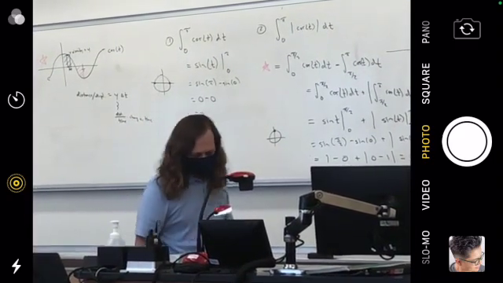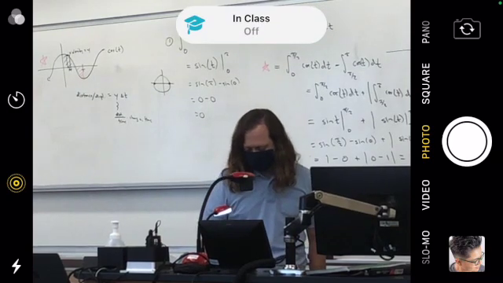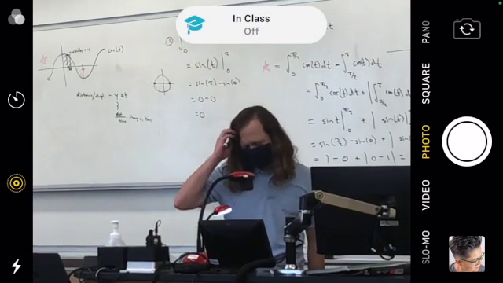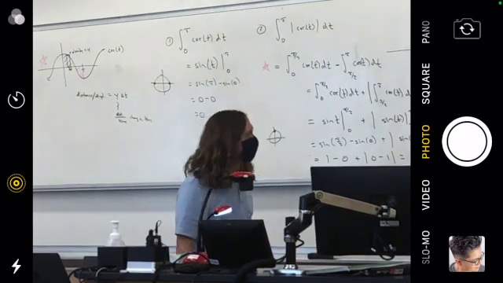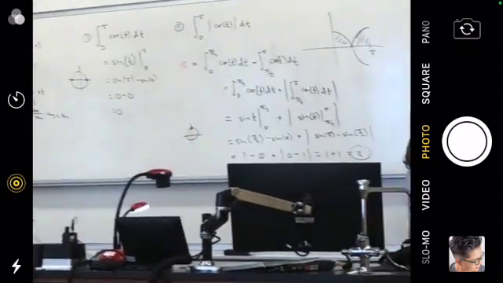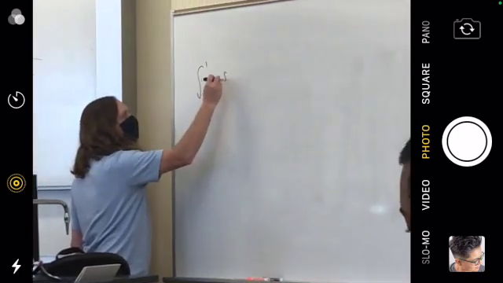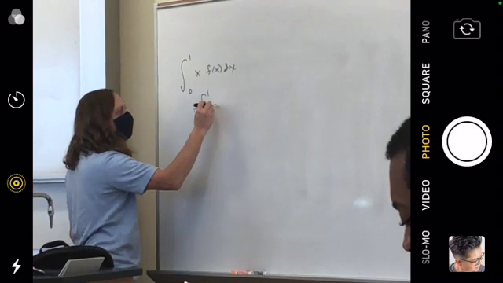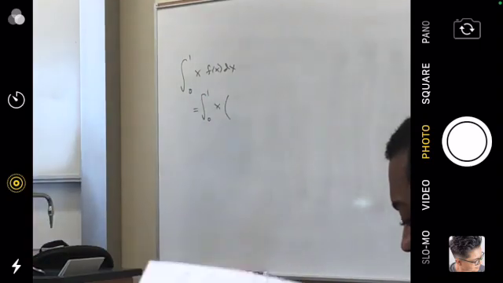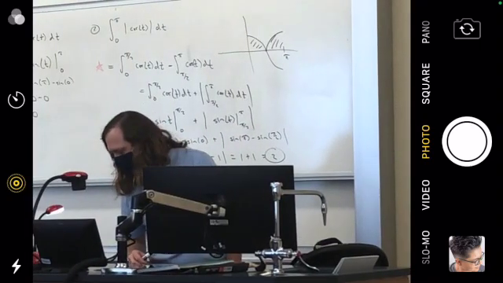What do we do? There's an easier way to do it and a harder way to do it. So this one wants you just to evaluate this integral. And the problem tells you f of x is this.